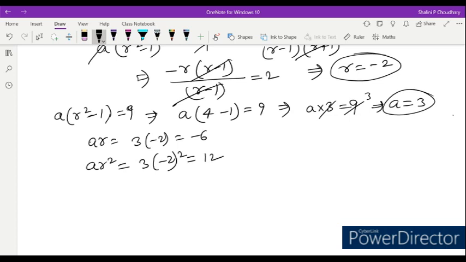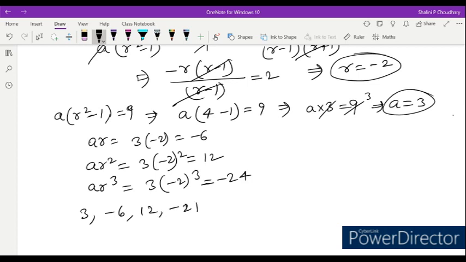Now the next term ar to the power 3, this is the fourth term, 3 into (minus 2) cube, which will be minus 24. So the terms of the sequence are: first term 3, second term minus 6, third term 12, and fourth term minus 24.